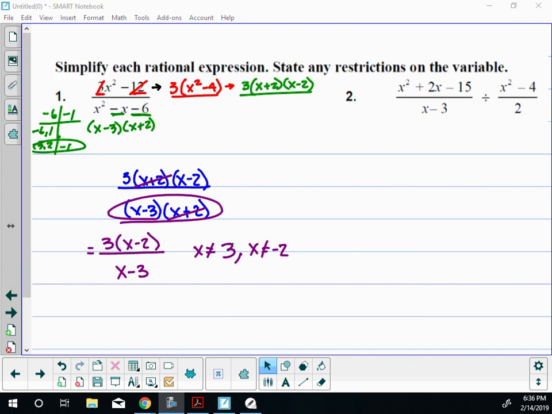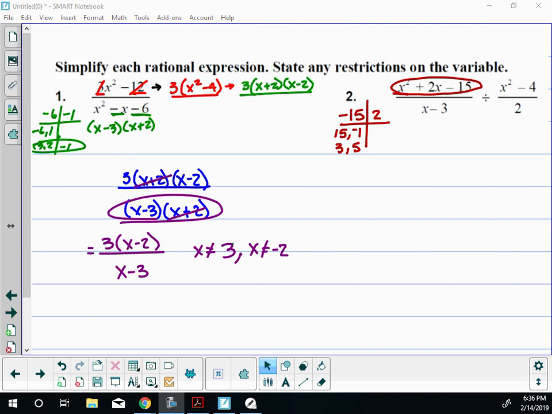Second problem is division. Again, we want to factor first. So for x squared plus 2x minus 15, we are looking for two numbers that multiply to 15 and add to positive 2. So 15 and 1, since the 2 is positive, the smaller will be negative.